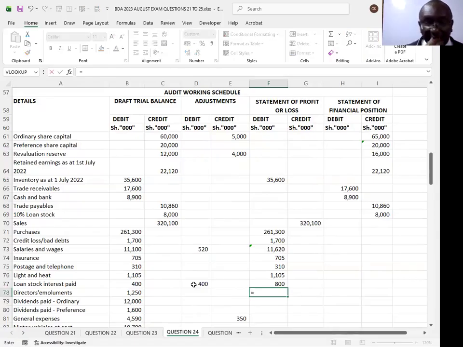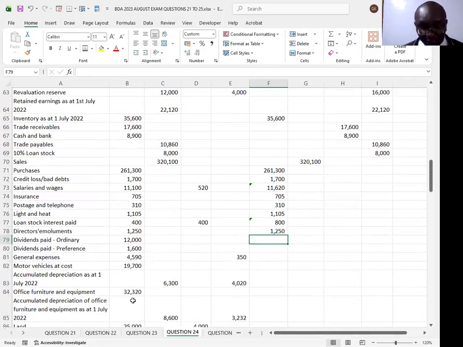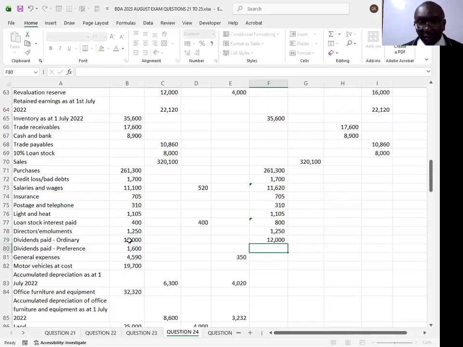Directors emoluments, we should also debit them in the income. Dividends paid, the same story. The dividends paid preference, the same story.